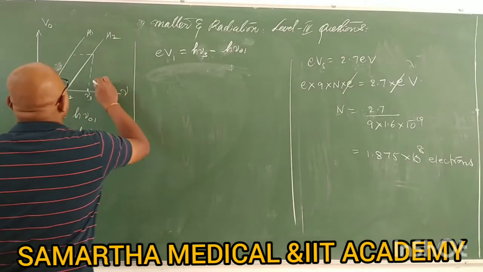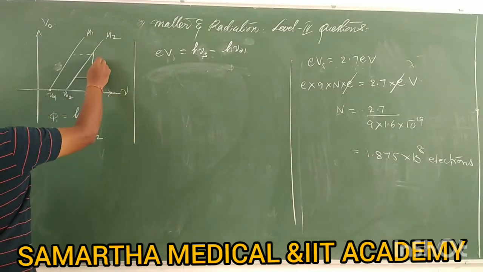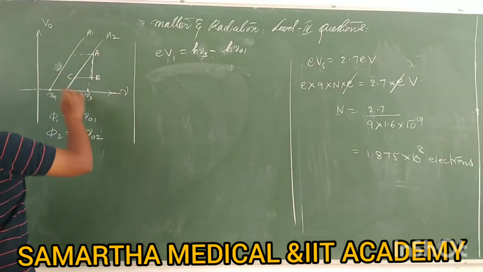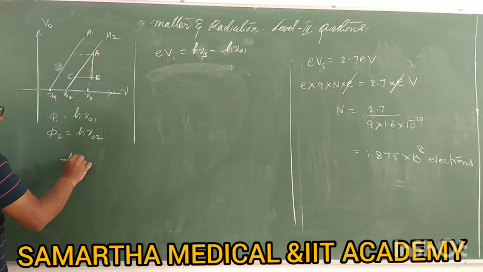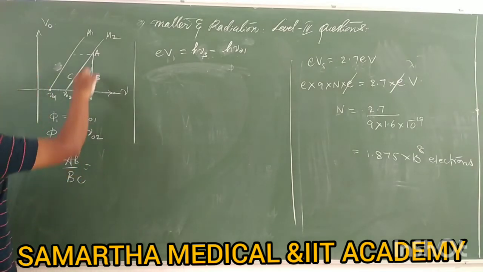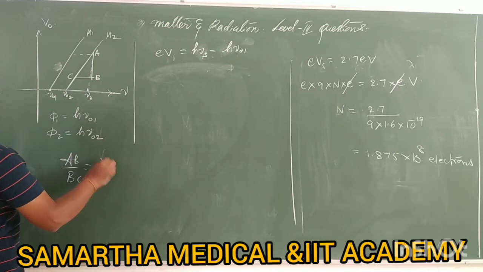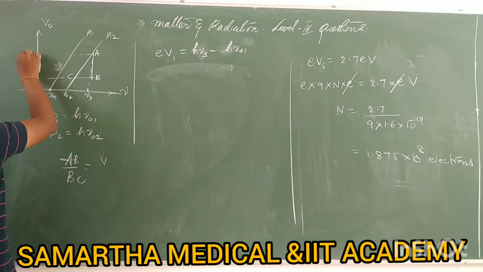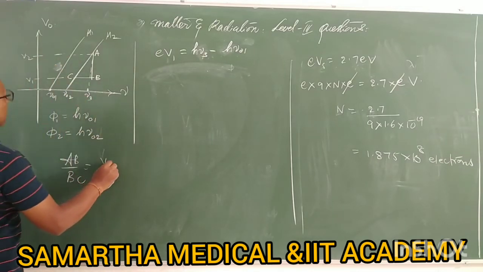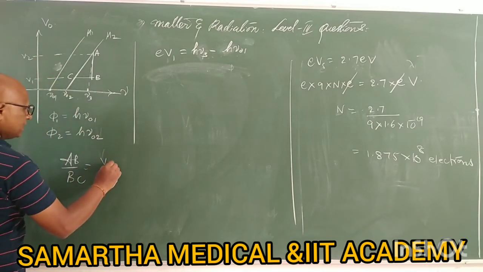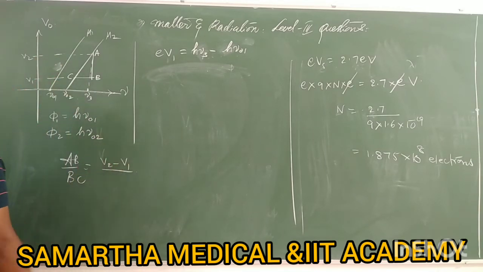What they are asking for is the slope of this line. Slope will be AB by BC. AB is what? V2 minus V1. And V2 minus V1 is divided by what is the base?